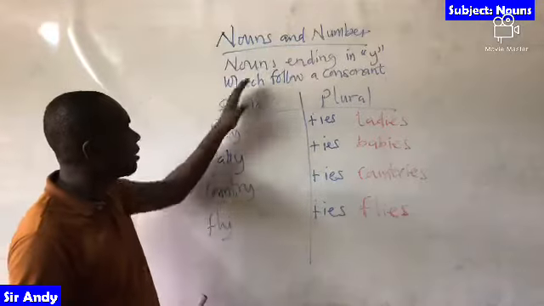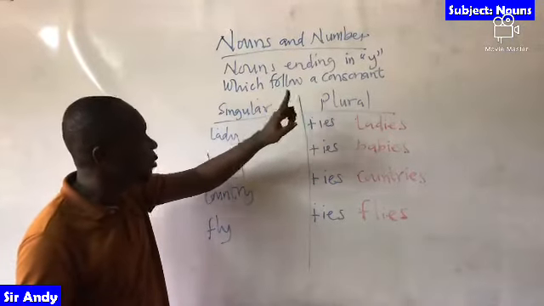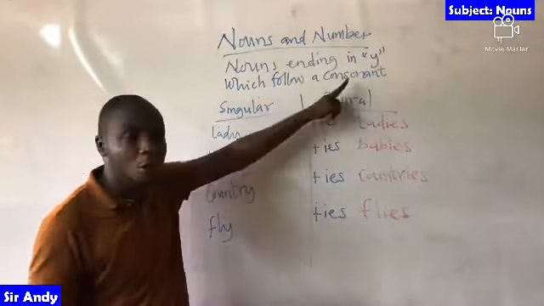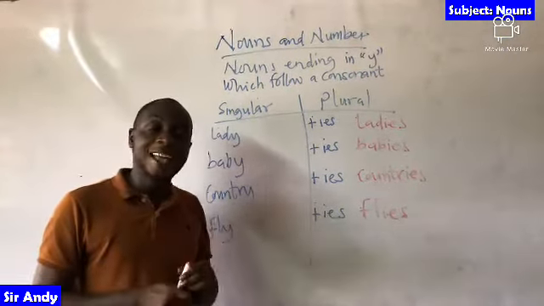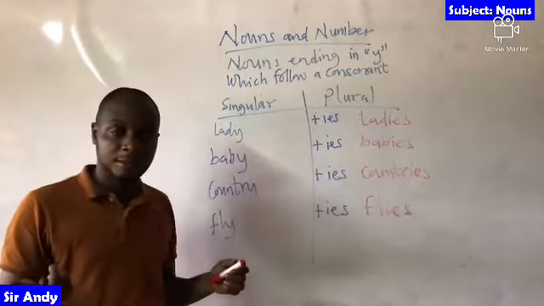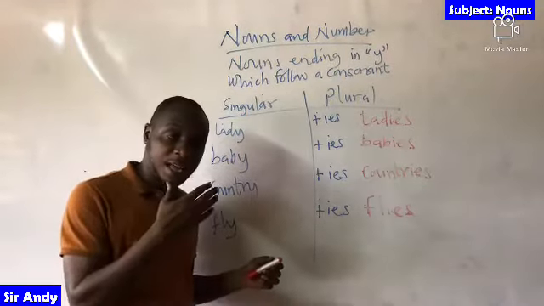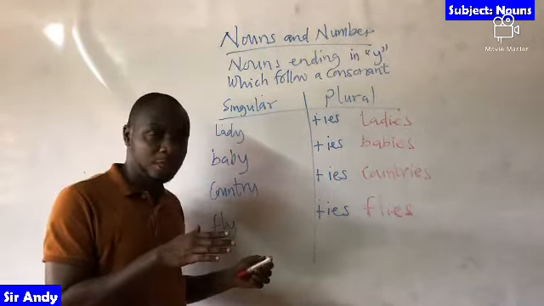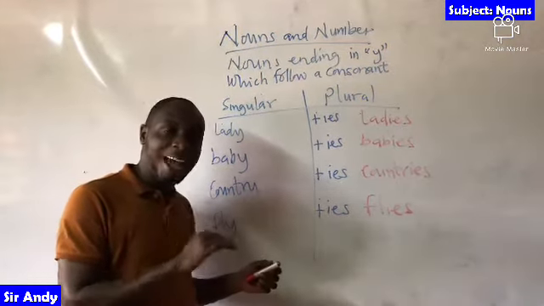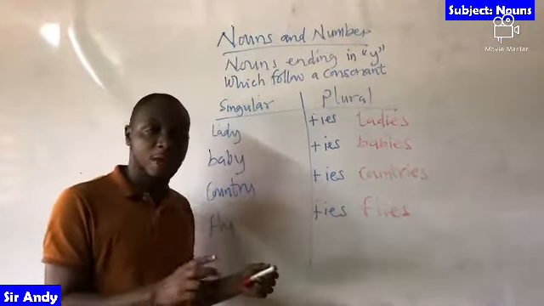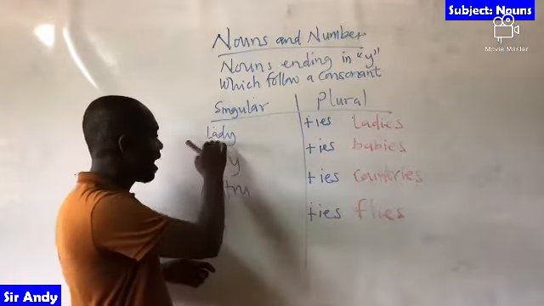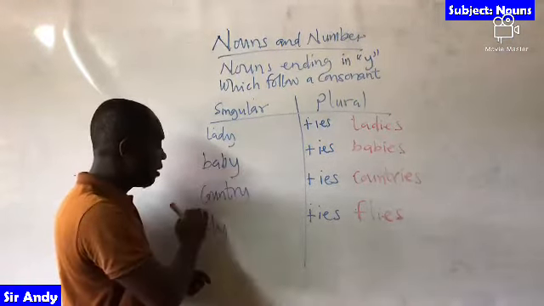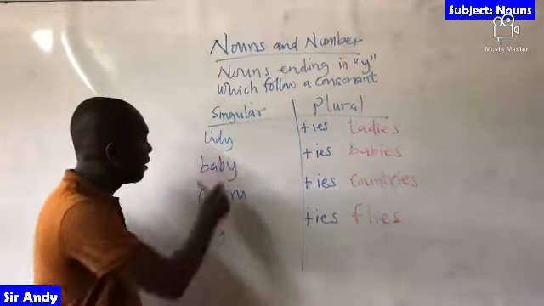Anytime you have nouns ending in y which follow a consonant, that is what we should take notice of. If the y is coming after a vowel, you are not supposed to take away the y. But if the y is coming after a consonant sound, then you must take away the y. So we have words like lady, baby, country, fly.